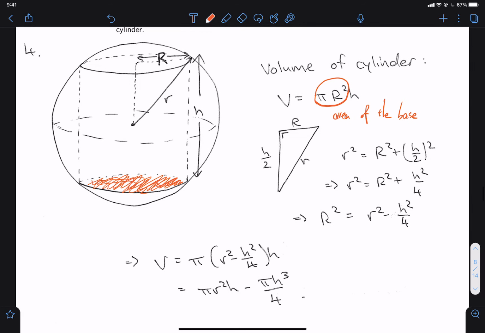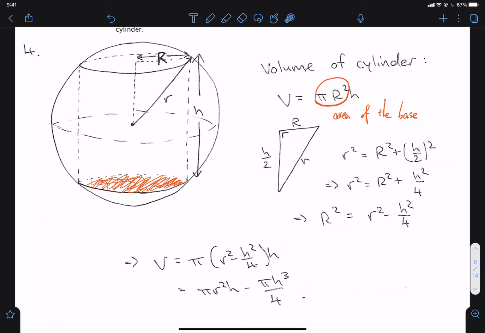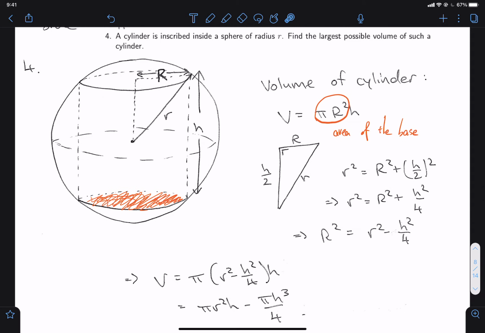So now, after we have this volume written in this form, we have two variables, right? One variable is the R squared. This R can change, so you can make the cylinder more skinny, so that R could be smaller, but at the same time it will be taller, so h will be larger.